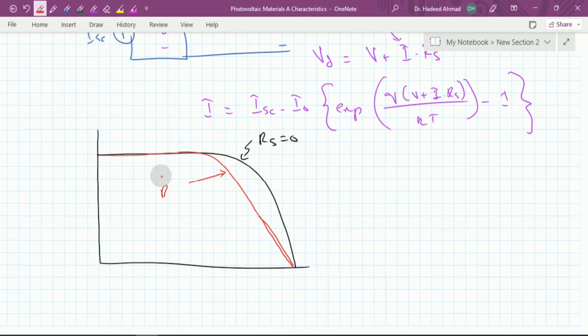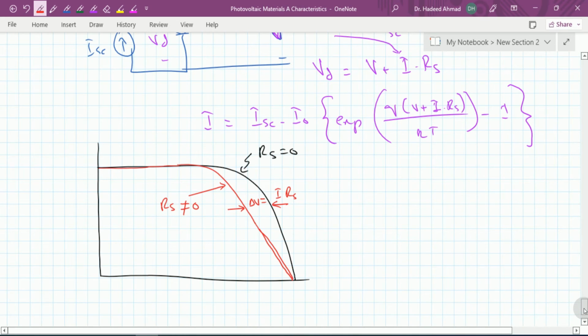And this is the Rs not equal to 0, and the major impact is seen here, which is said to be the delta V, which is equal to I into the amount of resistance Rs here.